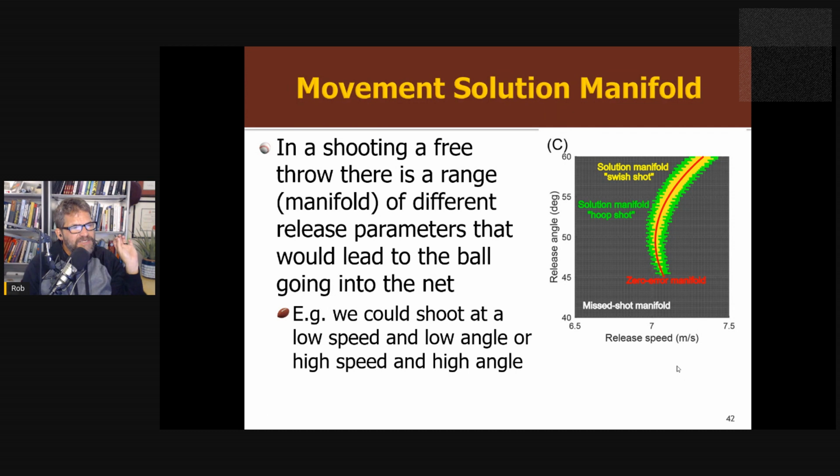There are certain combinations of speed and angle you can release at in basketball. If I'm going to use a low speed and a low angle, I can shoot a super low angle, low speed shot. Or if I want to shoot at a higher angle, which is actually better in basketball, I need to shoot at a higher speed. So there are these combinations of movements in the space that will work.